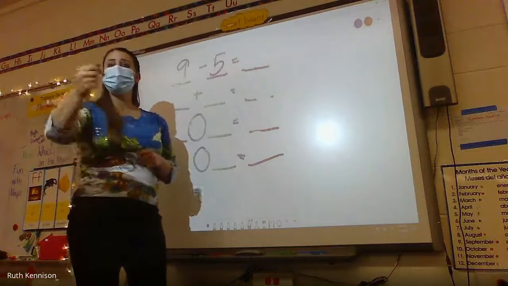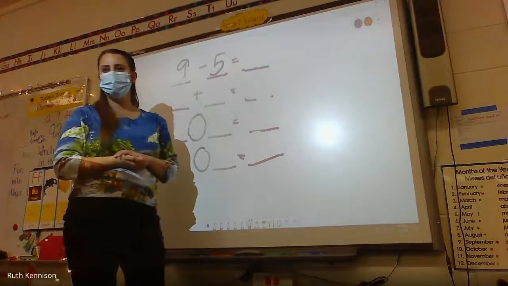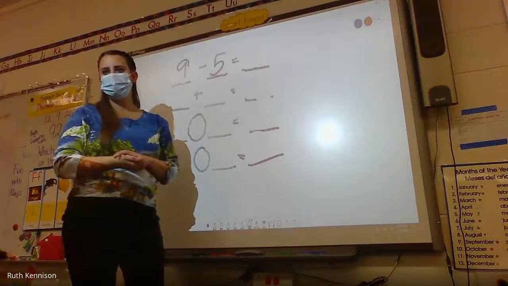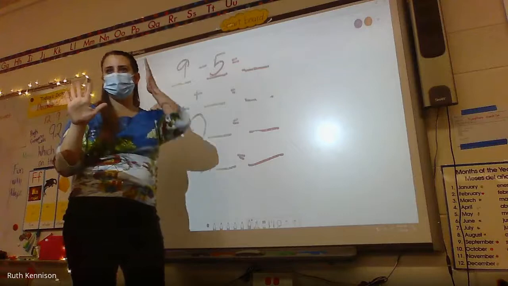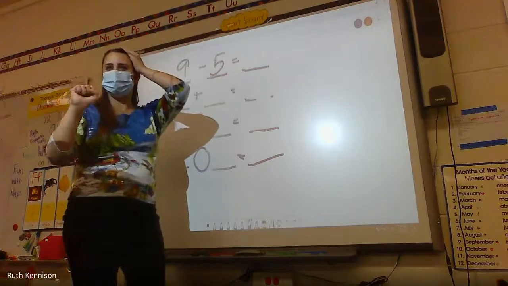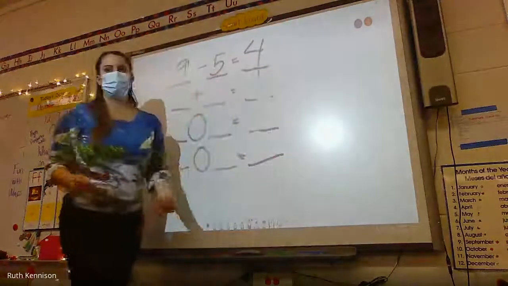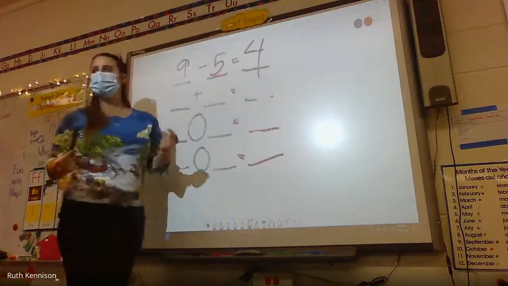If you need to solve it real quick, you can solve it. Use your number line or your fingers. It's too tricky. You could go. It's 4. Yeah, you can go 9, 8, 7, 6, 5, 4. Okay. Very good.